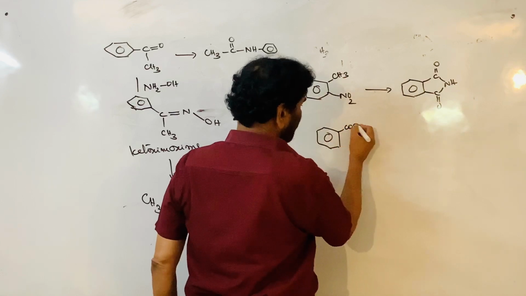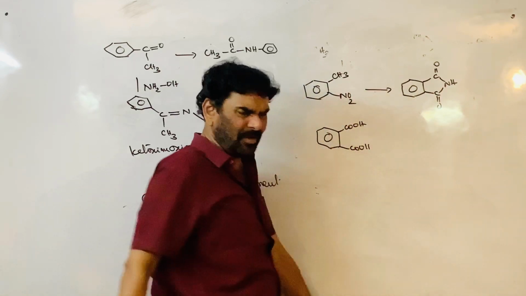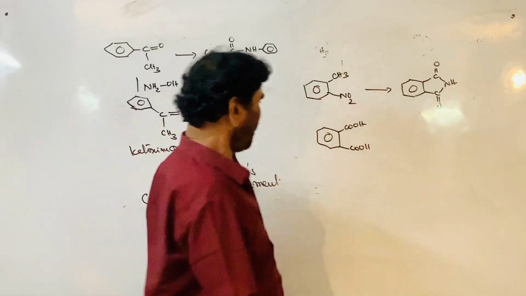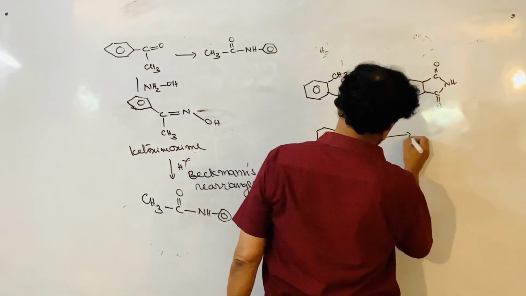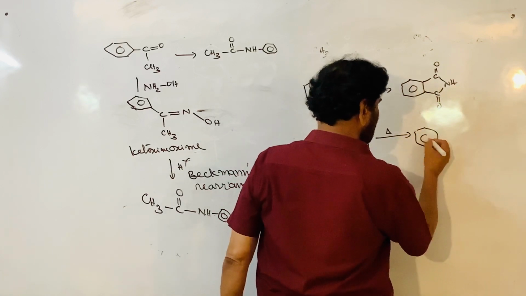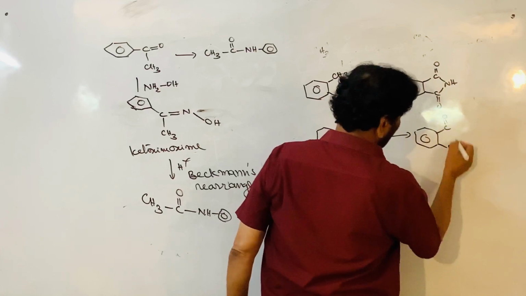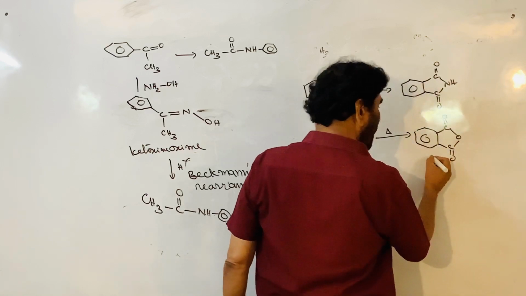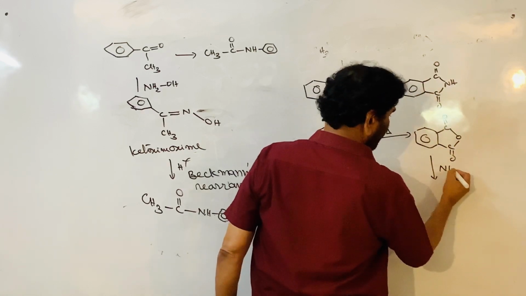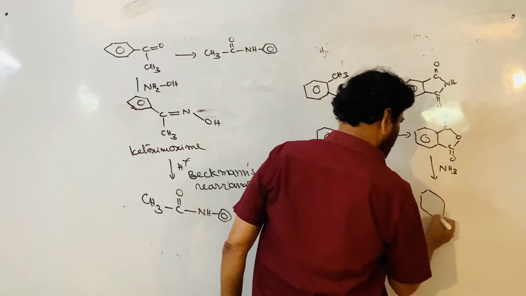Phthalic acid: you can directly heat it with ammonia. The dicarboxylic acid, on heating, loses water and produces phthalic anhydride. This on heating with ammonia undergoes an SNAc reaction and phthalamide is formed.